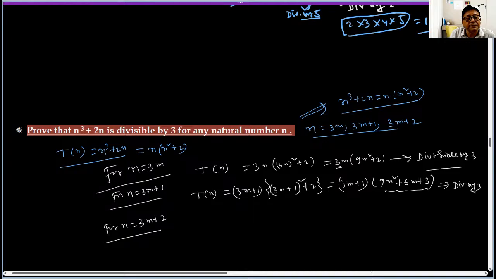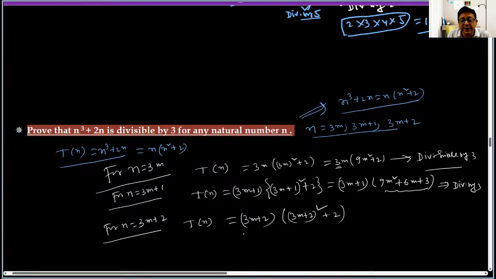What do you get? n is 3m plus 2. This is multiplied by 3m plus 2 whole square plus 2. If we take n equal to 3m plus 2, then 3m plus 2 is there and 3m plus 2 whole square plus 2 is there.